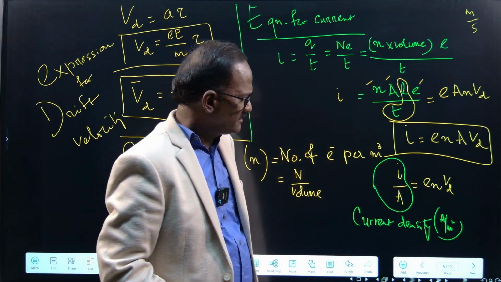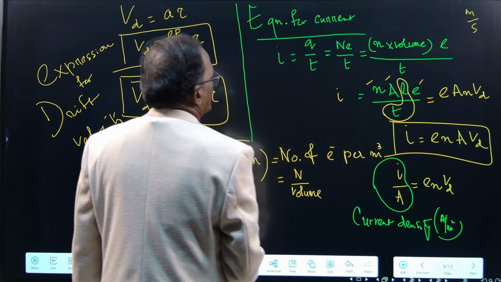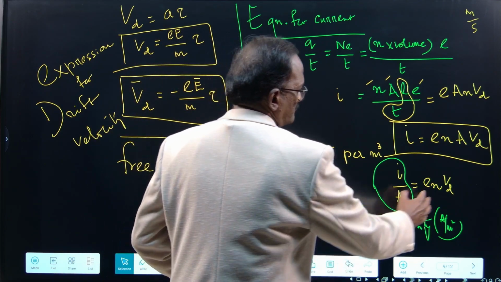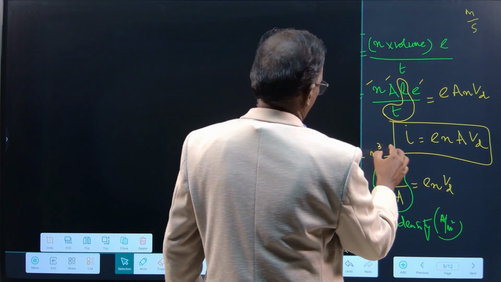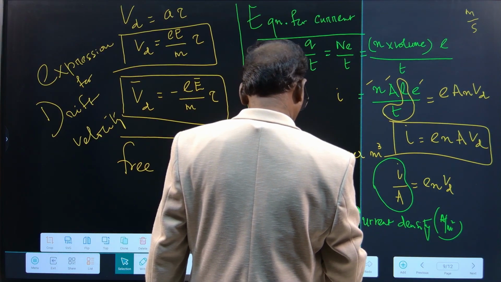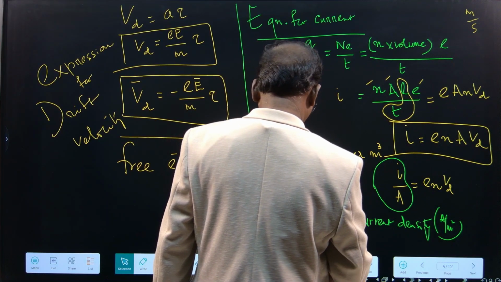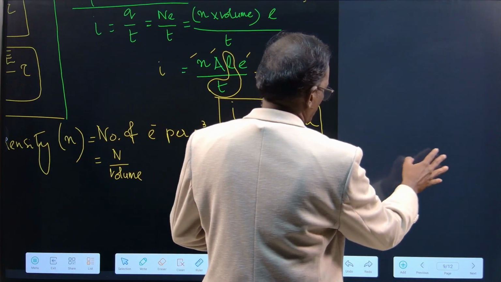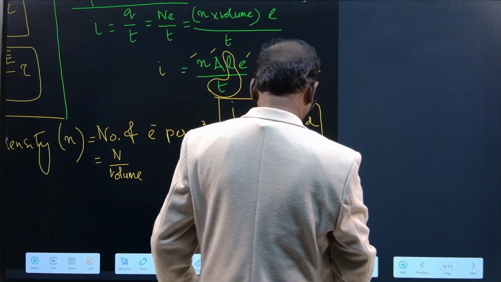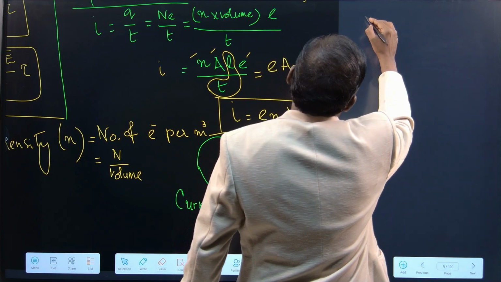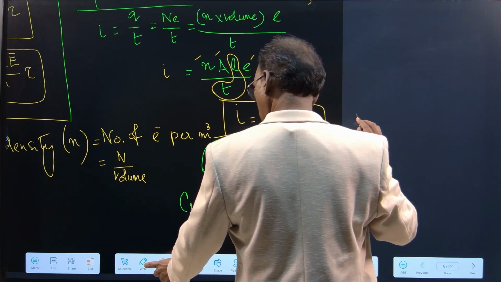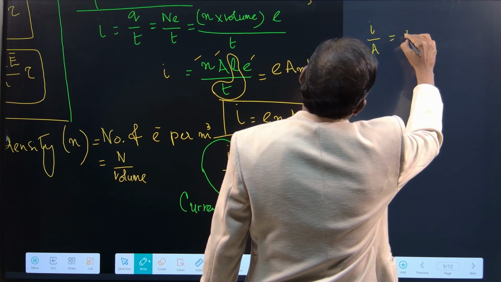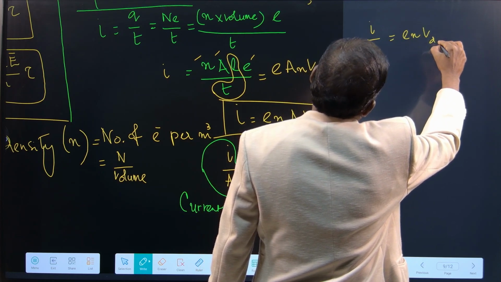What is the use of it? This is written with the letter J. I by A is equal to n e Vd.